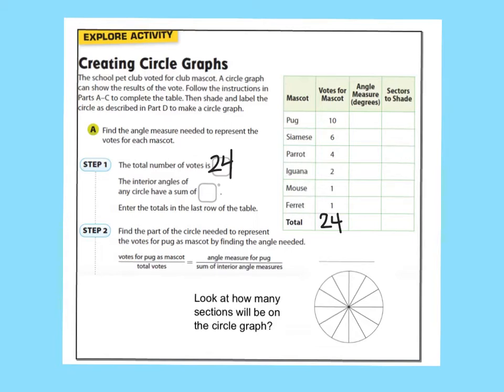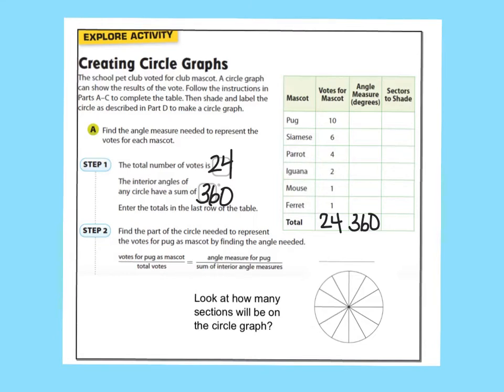The interior angles of any circle have a sum of 360 degrees. So all of these angles together make up our circle, and we know that a circle has 360 degrees. So down here on our total, our angle measure has to equal 360. Then we need to find the part of the circle needed to represent the votes for Pug as mascot by finding the angle measure needed.